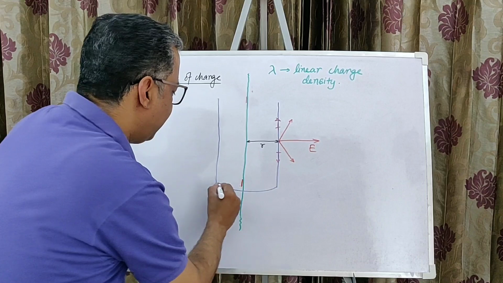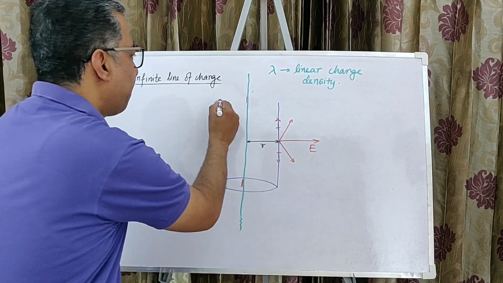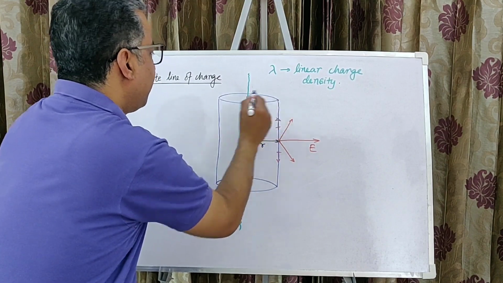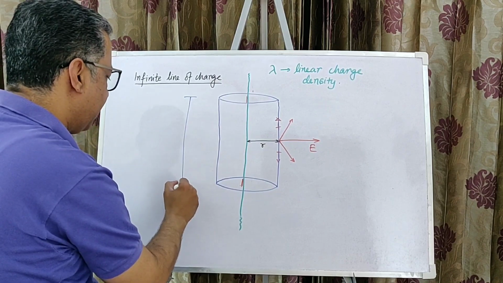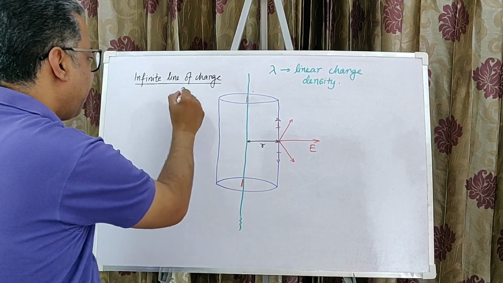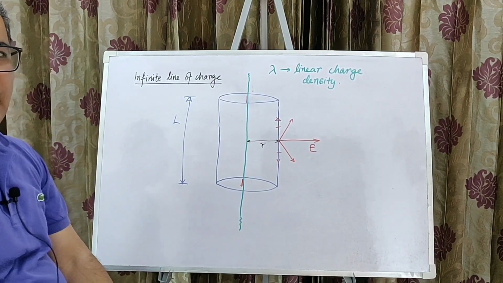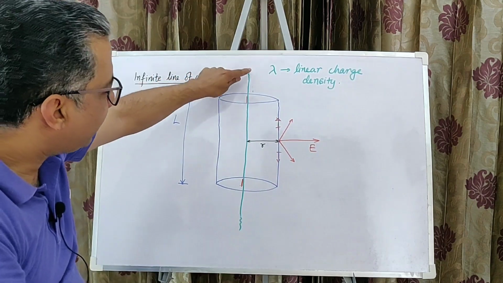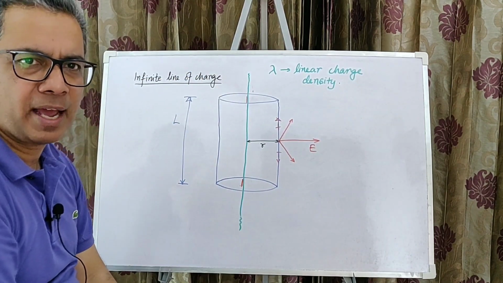So this is a cylinder we have imagined, a cylindrical surface. Let's say the length of this cylindrical surface is L, and this axis here is the axis of symmetry. Also this line of charge is coinciding with that axis of symmetry.